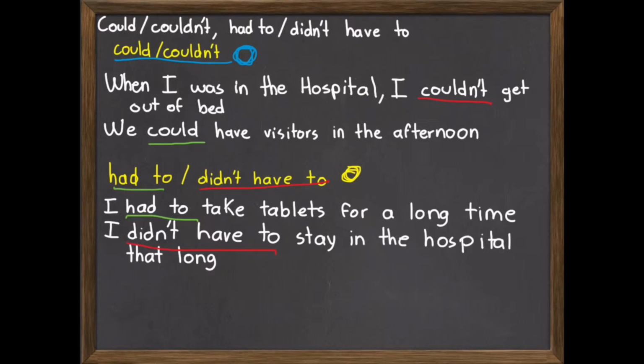I didn't have to would mean that it wasn't an obligation to stay in the hospital for a long time. I hope this is clear, the use of could and couldn't, and had to and didn't have to. If you have any more questions, make sure you ask your teacher about it.